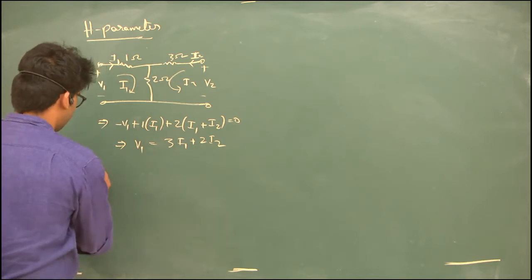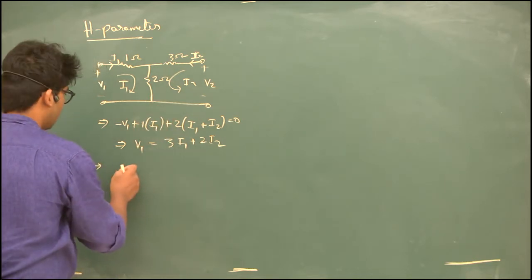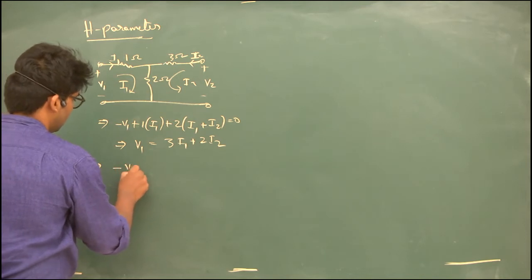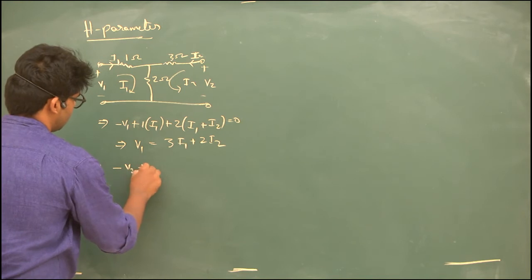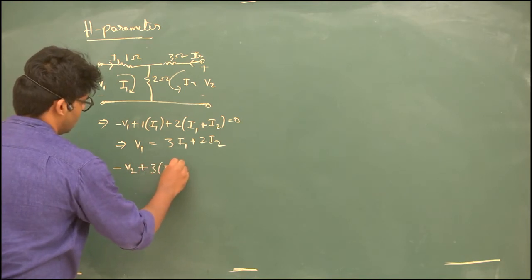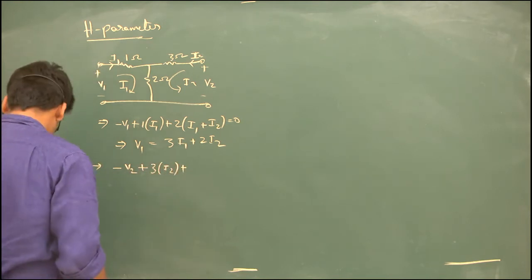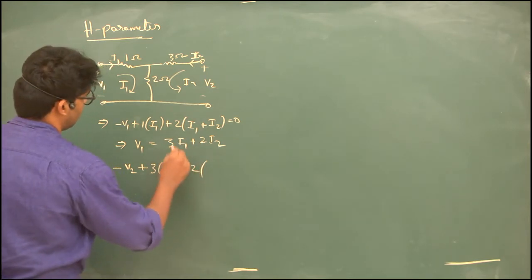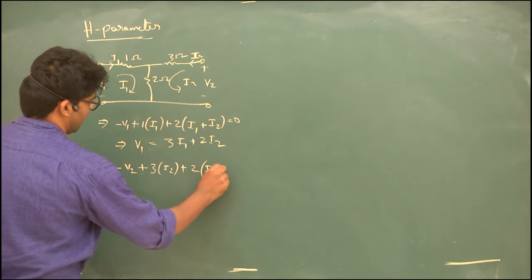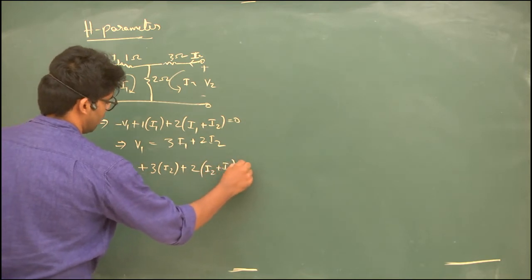And again from loop 2 you have minus V2 plus 3 into I2 plus 2 into I2 plus I1 equal to 0.